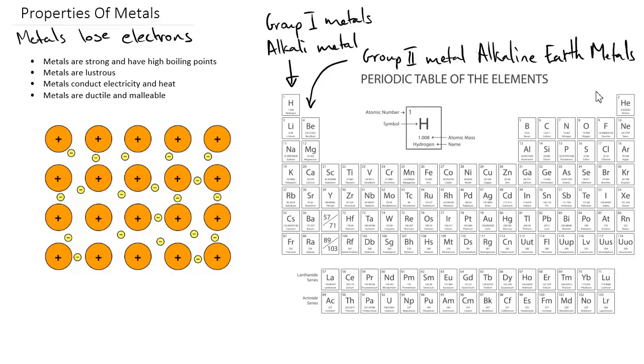This group can release 2 electrons. Magnesium is in the second position along the period, so it has 2 electrons to give away from its valence shell. That makes it slightly less reactive than the group 1 metals, but they're still very, very reactive. So these are the alkaline earth metals down here.